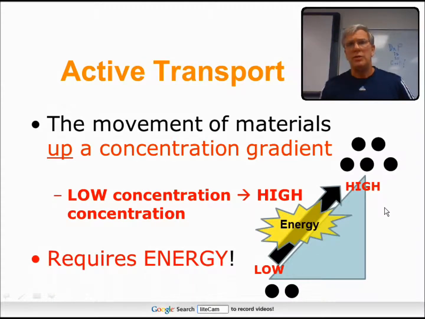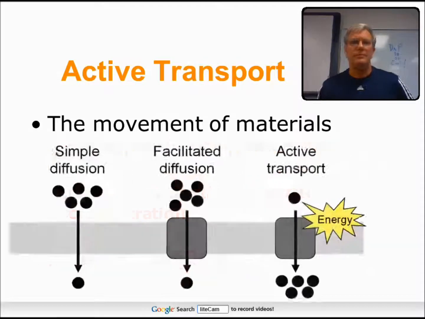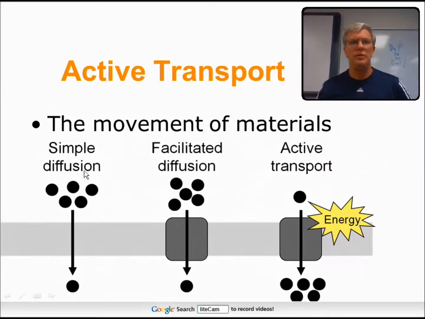Now, moving molecules up the gradient is going to require energy on the part of the cell. So just to review, the two types of transport mechanisms that allow molecules to move across the cell membrane are passive transport and active transport.